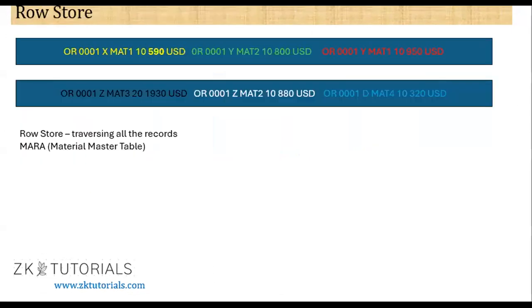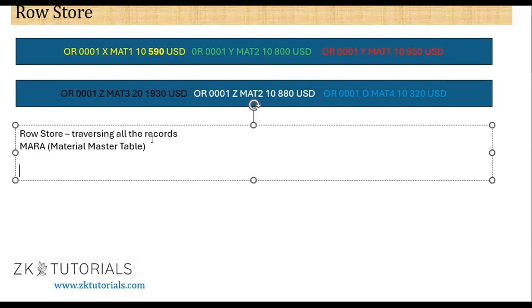To fetch the data faster, we used to fetch the data through the primary key. And if the select query doesn't have the primary key, for example in the MARA table, where the primary key is MATNR.